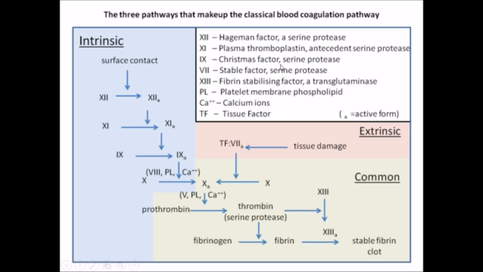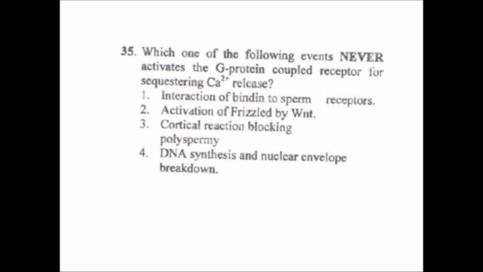It can be intrinsic, extrinsic, or common to all the factors. Suppose, for example, when there is a surface wound, then there will be activation of factor 12, which is a serine protease. Again, factor 11 is also a serine protease. So in this way we can see that the enzyme particularly used during the process is the protease.